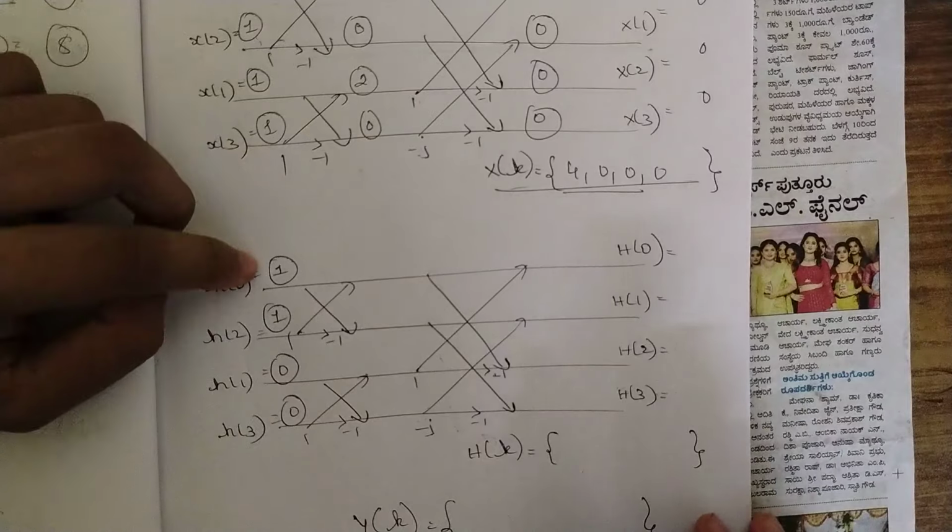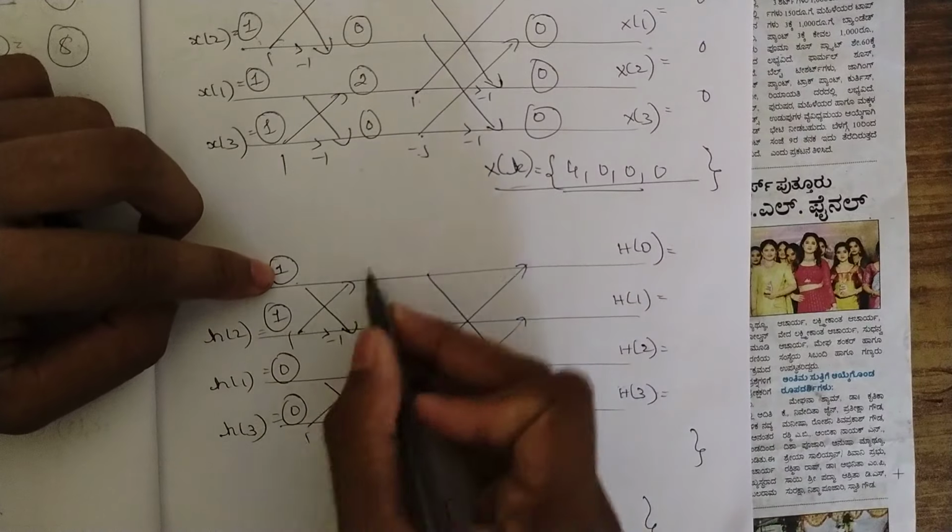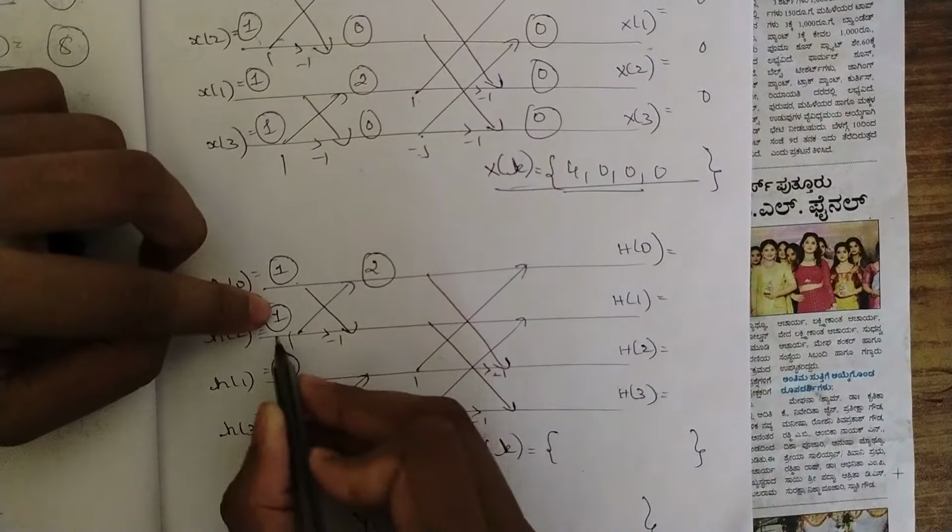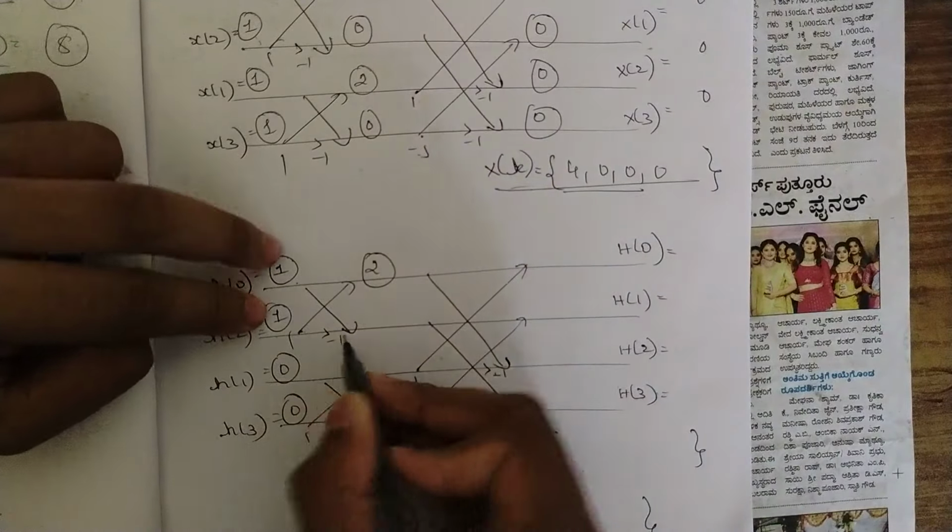So let's solve for h of k now. 1 plus 1 is 2, -1 plus 1 is 0, and then 0 0 0 0 0 0. So this is our first thing. 2 plus 0 into 1, that is 2. 0 and 0 into minus j is 0.